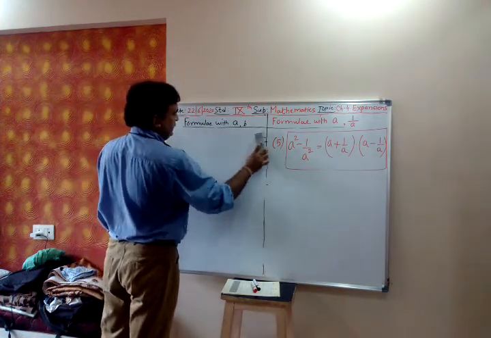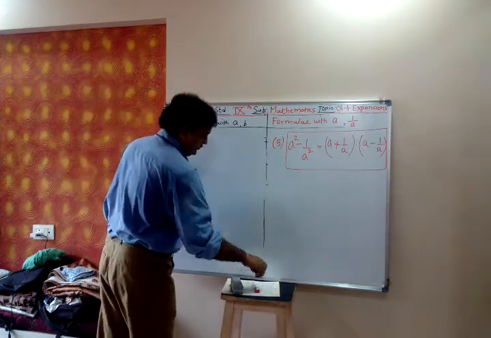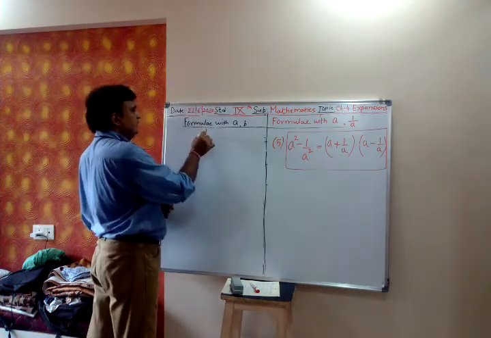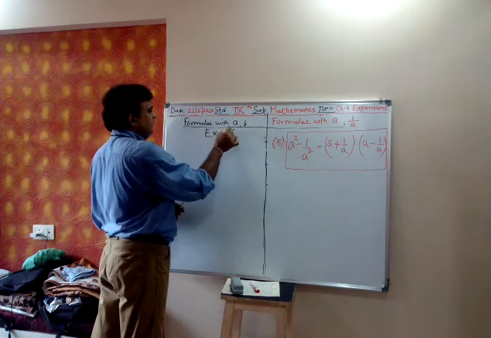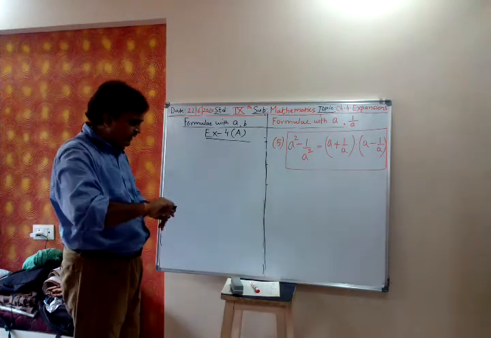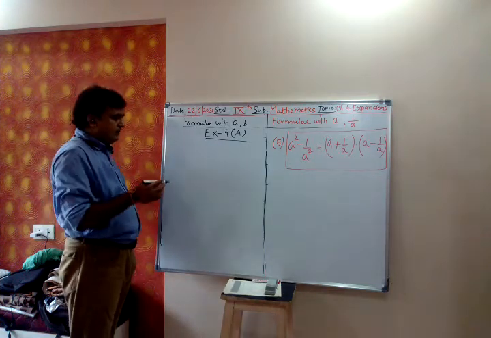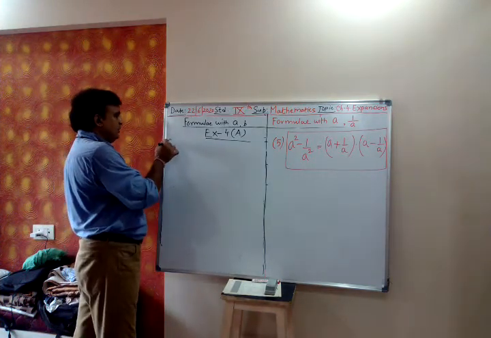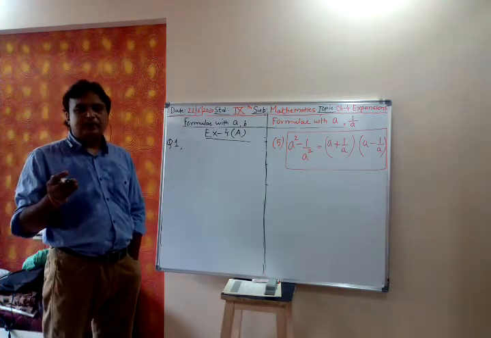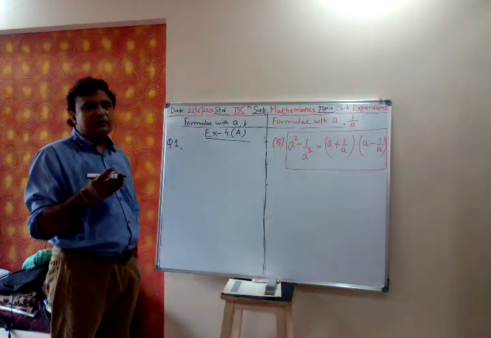Now we start exercise 4a, which is based on these 5 formulas. In this exercise, first question is find the square. So I am giving that question number 1 as homework, because it is as find the square.